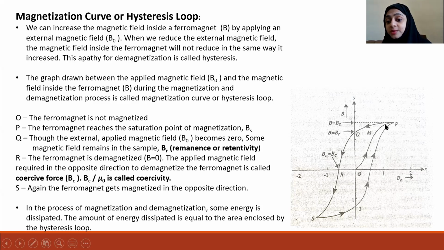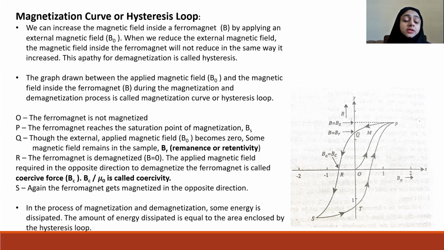Now, each time we magnetize and demagnetize a ferromagnet, the area will not remain the same. The area will gradually reduce each time we magnetize and demagnetize the material. The area becomes lesser and lesser. And finally, it reaches a point where the ferromagnet can no longer be magnetized and demagnetized.